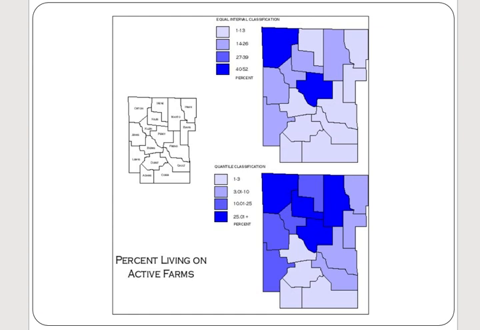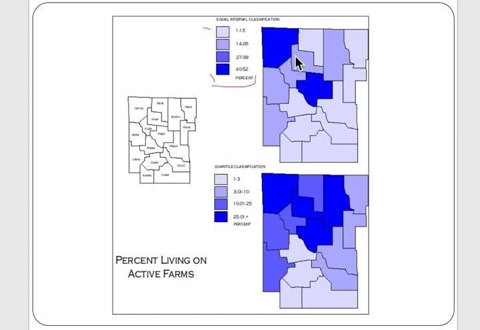And this is how the map looks based on the percentage living on active farms. This is the equal interval classification, and we could see the darker colored shade shows us a higher percentage of active farms compared to the lighter shade.